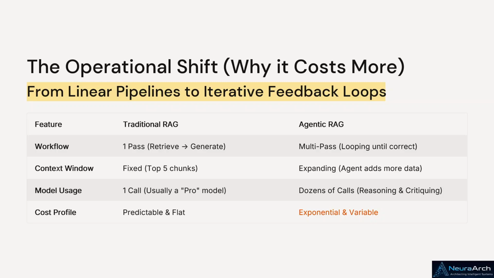agentic RAG is a loop kind of thing, whereas the context window for traditional RAG is fixed. We will ask for the top 5 chunks, top 3 chunks, and you have to iterate if you want a manual change. But in the agentic RAG, it is not that way. It will keep expanding till the accuracy is achieved.